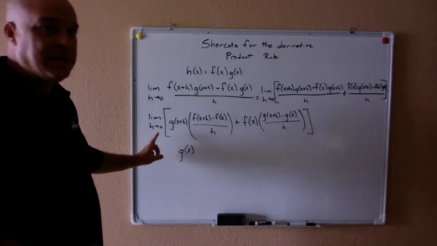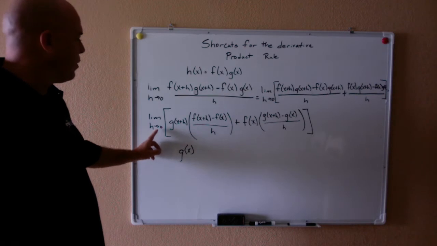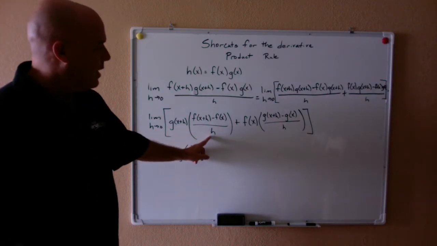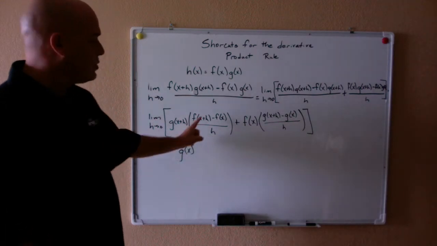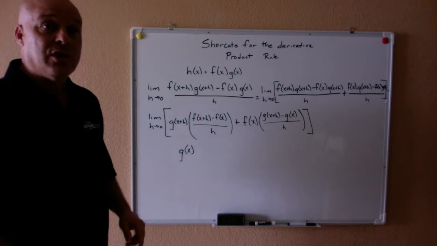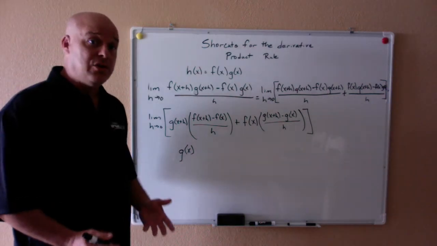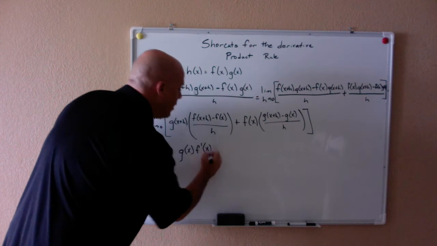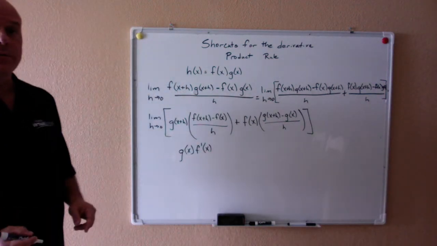On this second piece here, and this is the really fun part, if I take the limit as h goes to 0 of this second piece, that actually is the limit as h goes to 0 of f of x plus h minus f of x divided by h. That's the limit definition of f prime. So that right there is just the derivative of f.